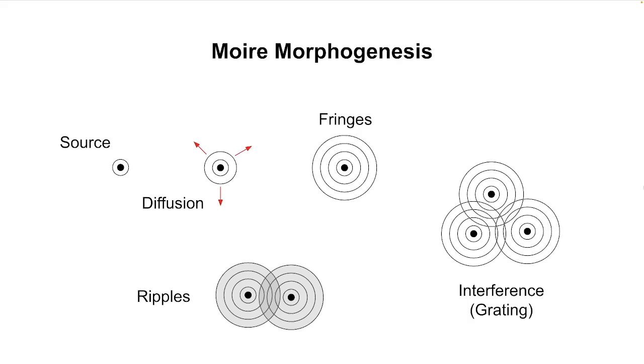And those fringes will ultimately overlap and form these interference gratings, or these interference patterns. And the interference patterns from these gratings that you can see here start to form these more complex patterns. And then you also have ripples, where you have this active movement, one gradient against another gradient, and they form ripples. So they have all these different properties of these basic components, these building blocks of Moire morphogenesis.